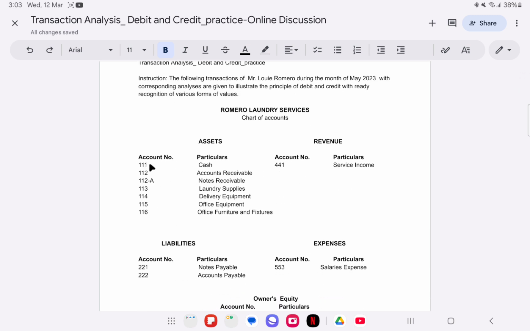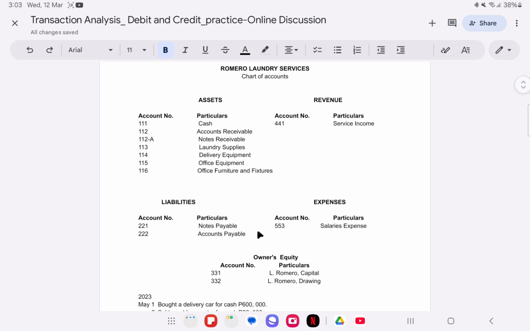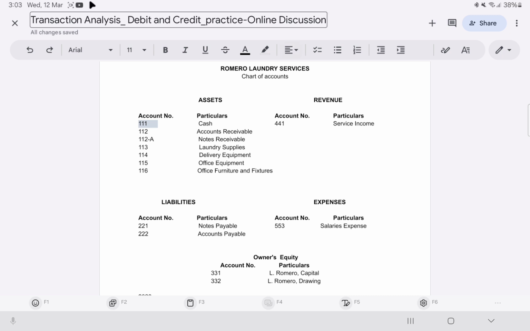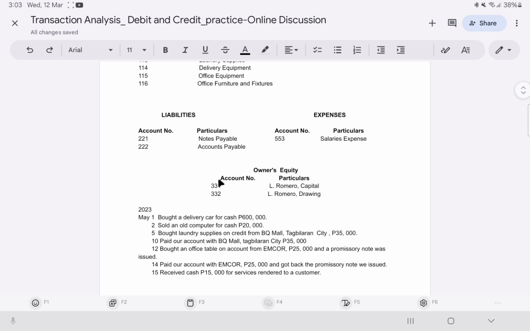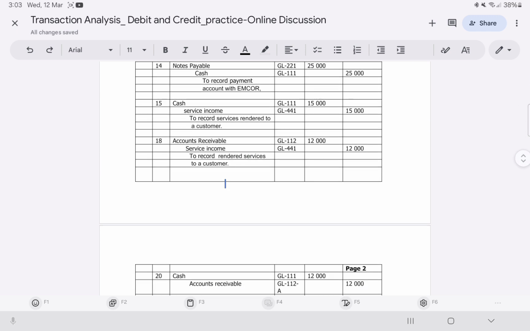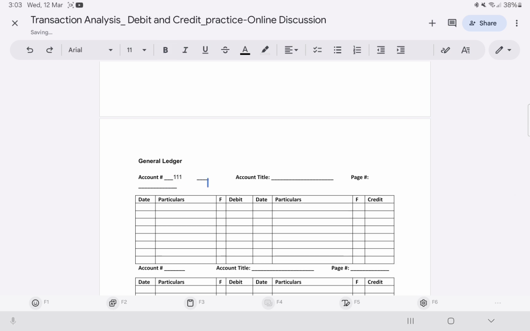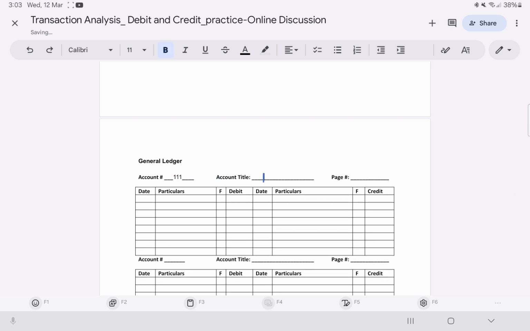Our account numbers are ordered from assets, liabilities, revenue, expenses, and owner's equity. So we will be starting with the assets. Copy the account number of assets. Under particulars, we have cash, then 111. So post here in the ledger: this is 111 and cash.